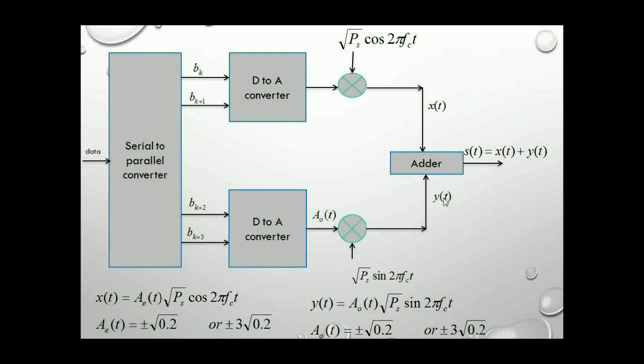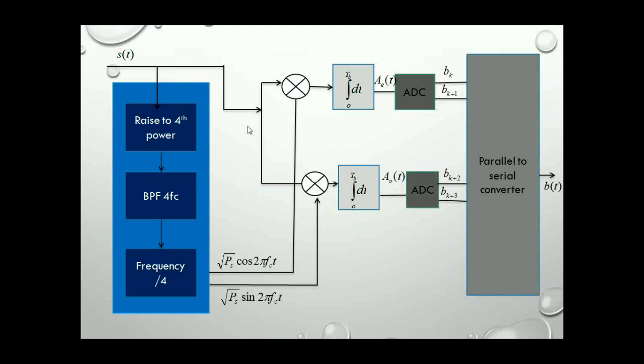X of t and Y of t will be added and it gives the QAM signal S of t, which is equal to X of t plus Y of t. So this QAM signal is transmitted and received by the receiver.